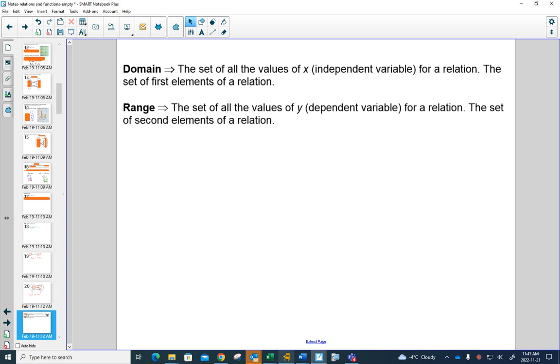I had one student one year who said, you know how I remember it? I just call it domain and rangey. He put a y on the end of the word range, and then he always remembered that range was with y, and obviously domain had to be with x. Range X?